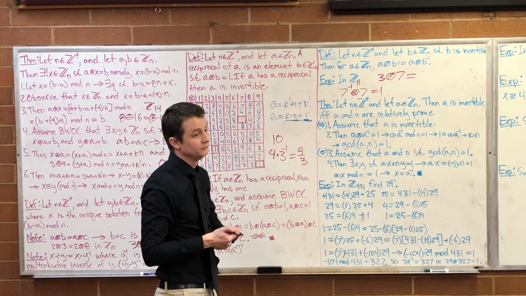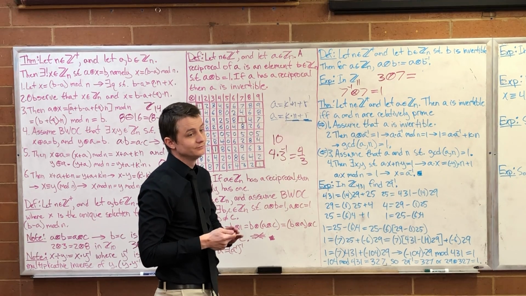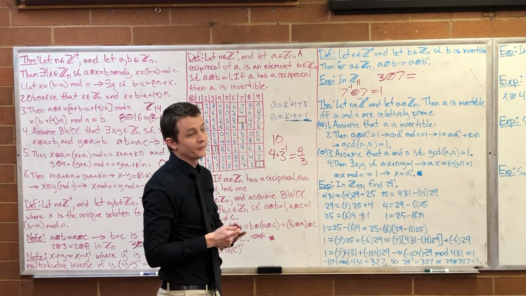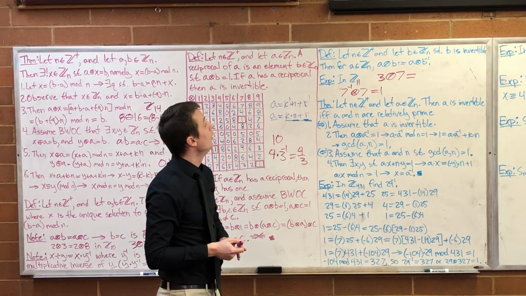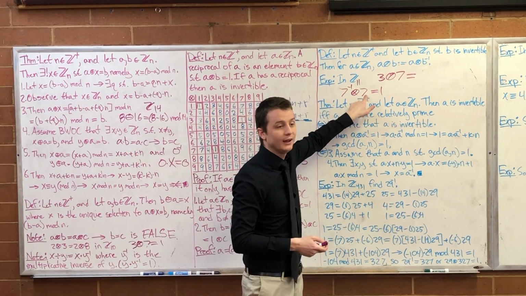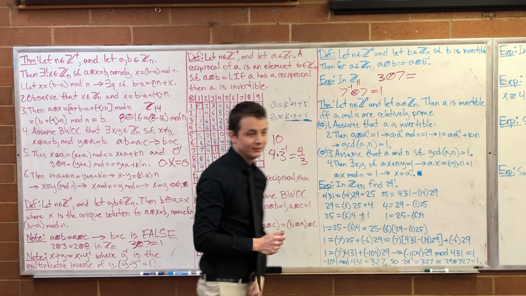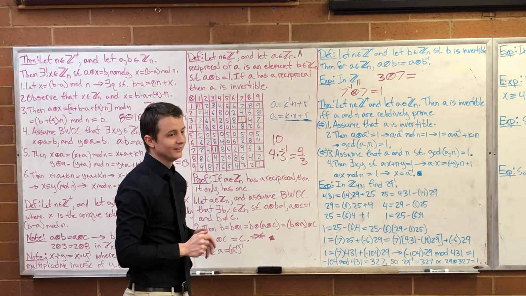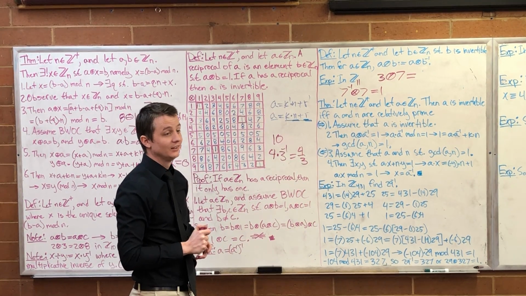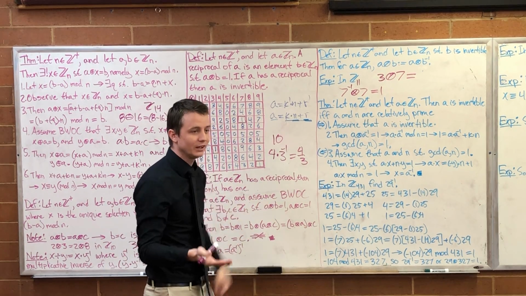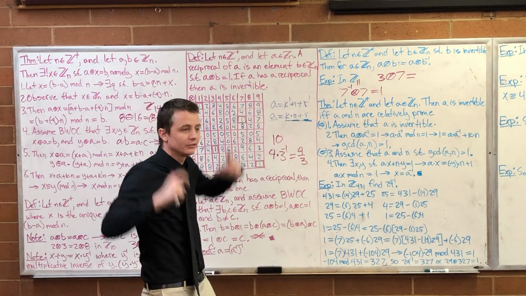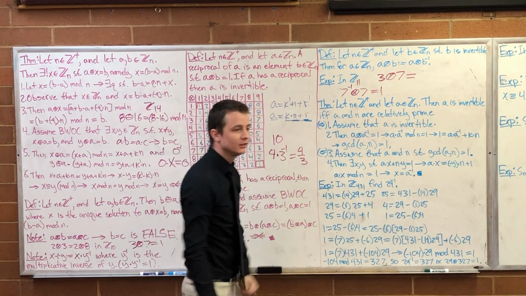No, it's not 4. 4 times 7 is 28, mod 11 is 6. It's 8. 8 times 7 is 56, which is 1 more than 55, which is obviously a multiple of 11.